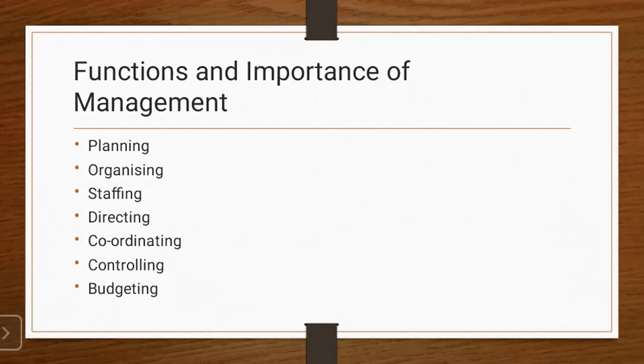If you're talking about staffing, this is the process of organizing the human resources. In this instance, we're talking about the human resources in such a way that the organization has taken the right people in the right place or position and at the right time to achieve their objectives.